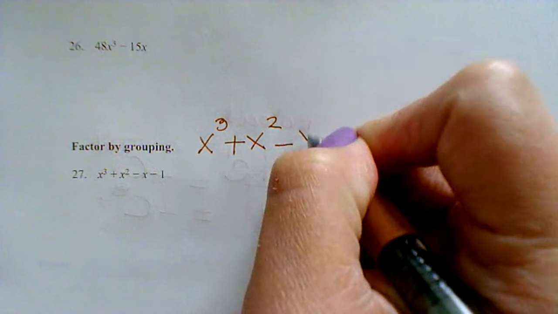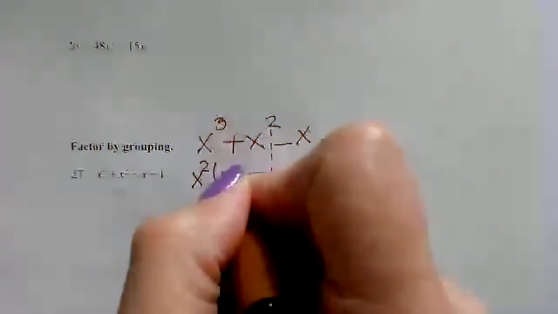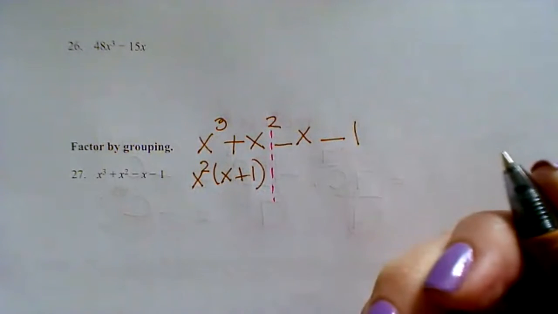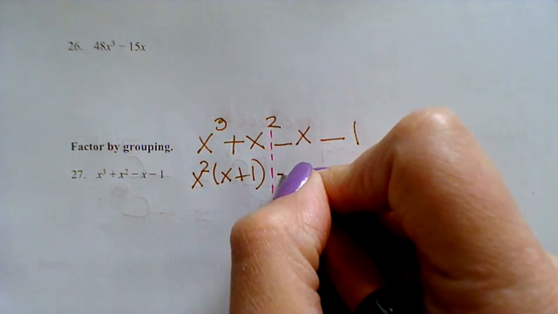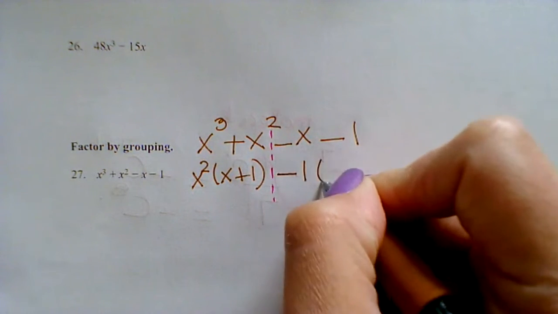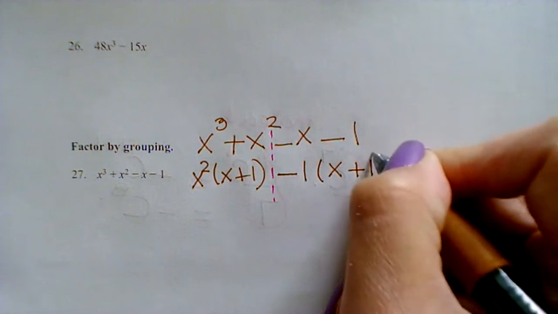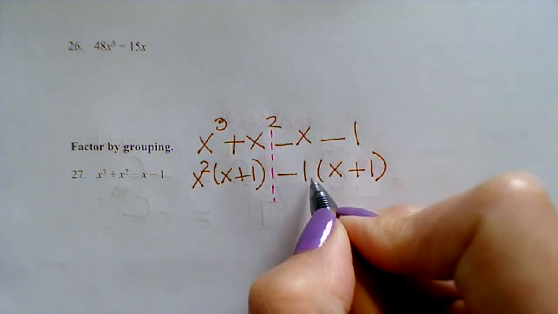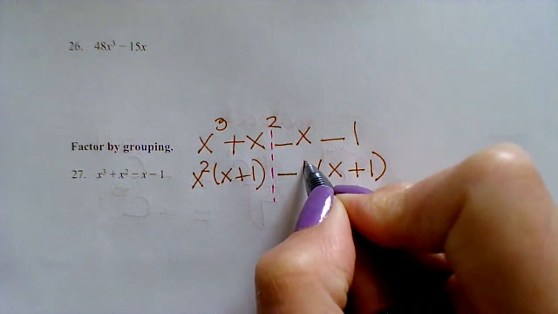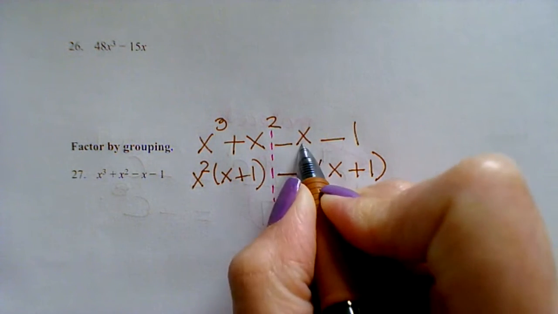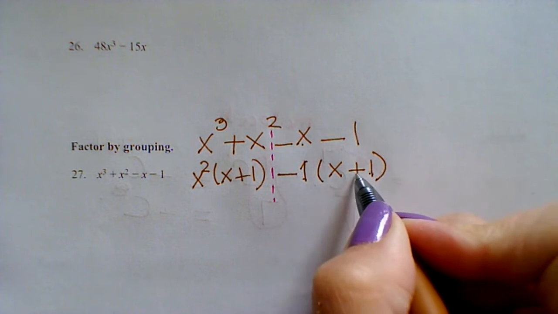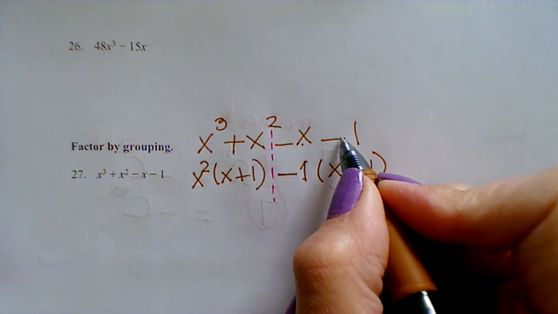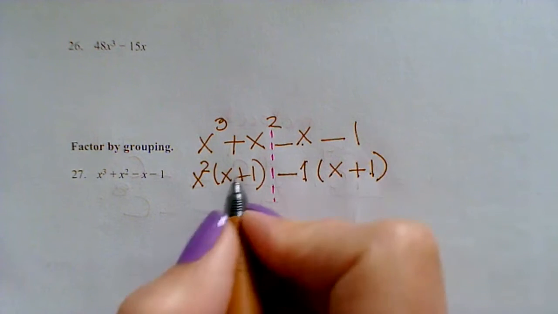Right here, what do we have? x squared times x plus 1, right? And this is going to be negative 1. Why is it going to be positive? Because when I multiply negative 1 times x, I get negative x. Negative 1 times 1, it needs to be positive in order to get the answer that is negative.